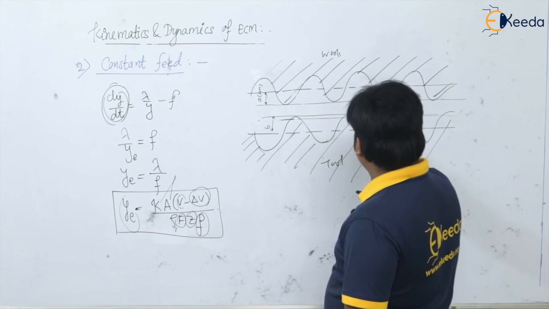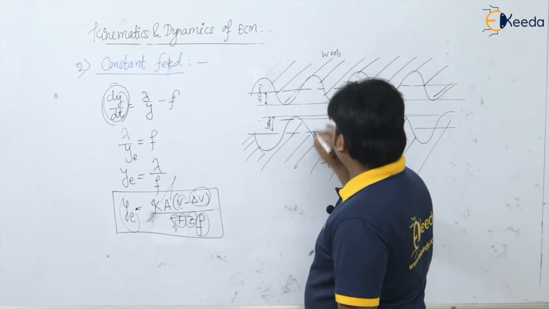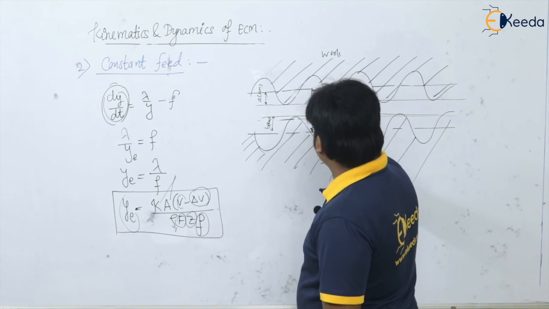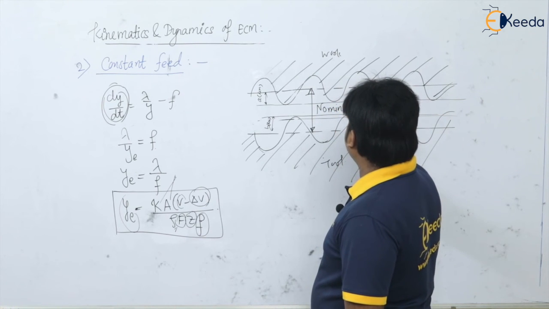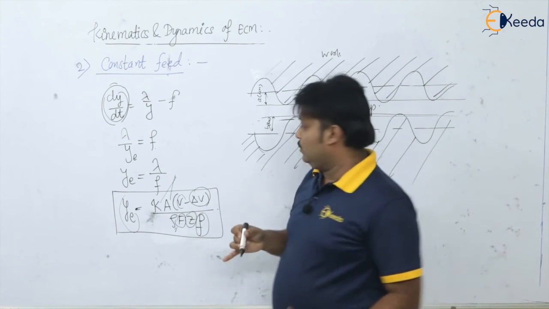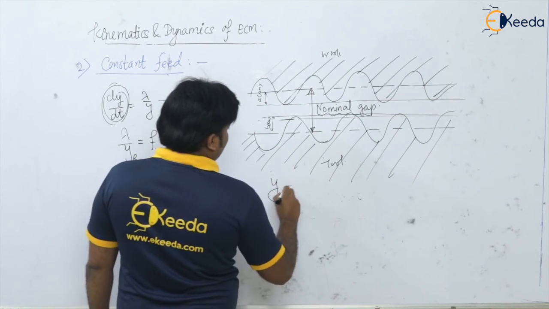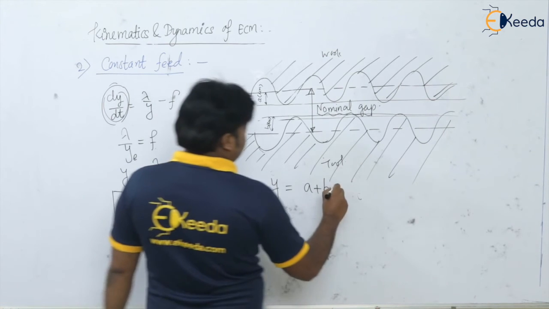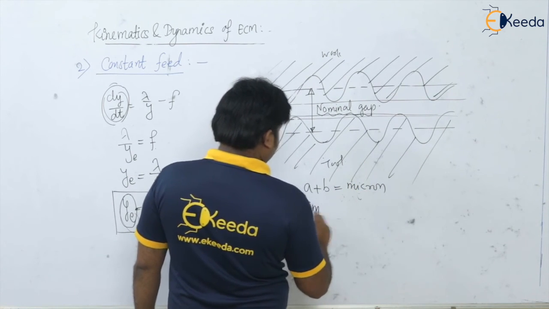These are the irregularities present on the tool surface. It is in micron. So this distance is the nominal gap, and this distance, when solving the questions, we take as the equilibrium gap, equal to A plus B. Okay, so this is in micron actually, so I have to get it into centimeter.